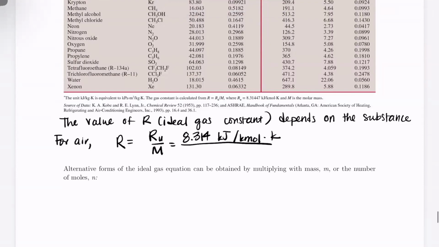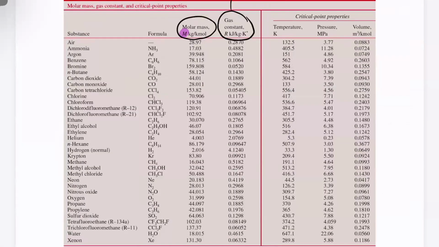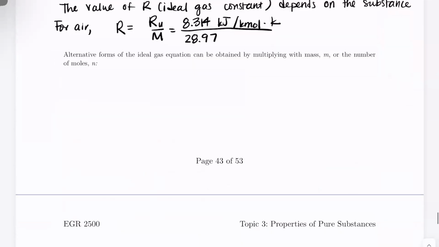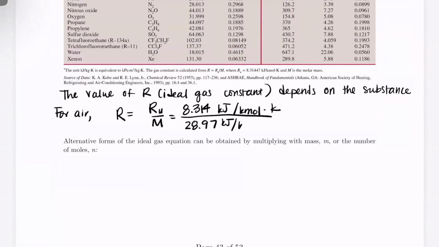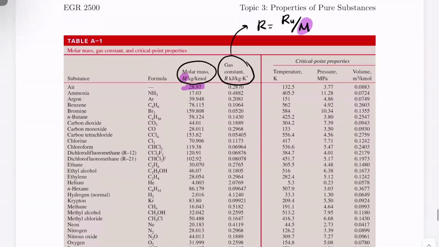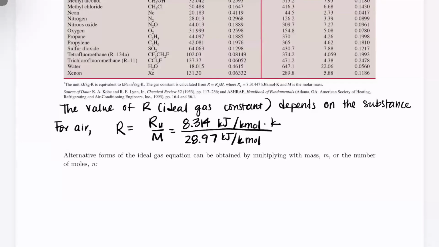And then M, we can look up in this table. So we have 28.97, and the units are kilograms per kmol. So we get that R for air is equal to 0.287 kilojoules per kilogram Kelvin.